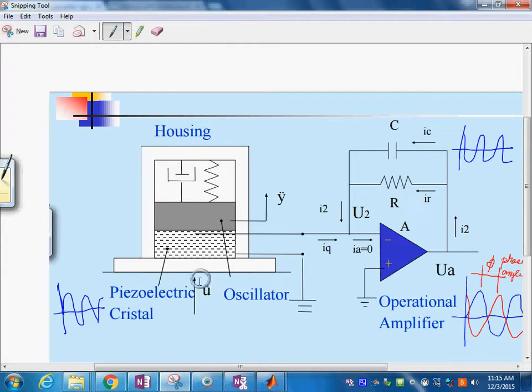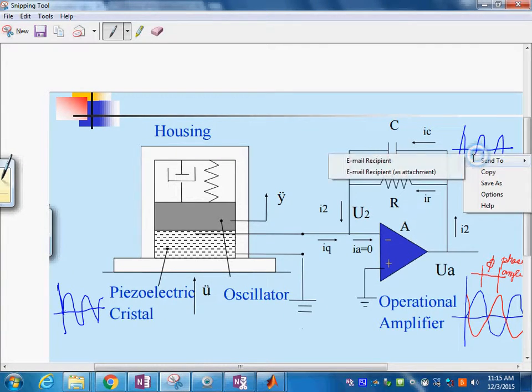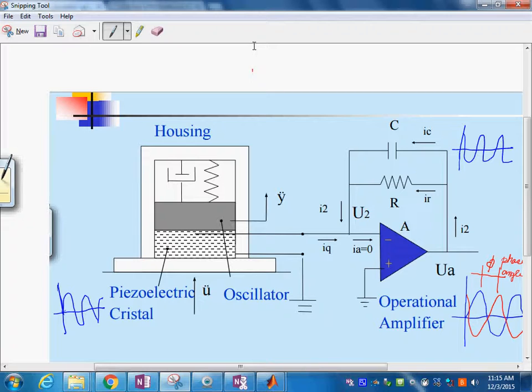For every frequency, I want to record the amplitude of the signal and also the phase angle. And I need to do that in a certain way. I need to do a different plot in here. Maybe I'll just do my plot over here so that we don't have to go to a different page.